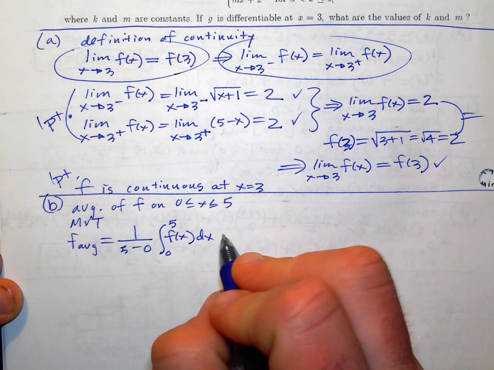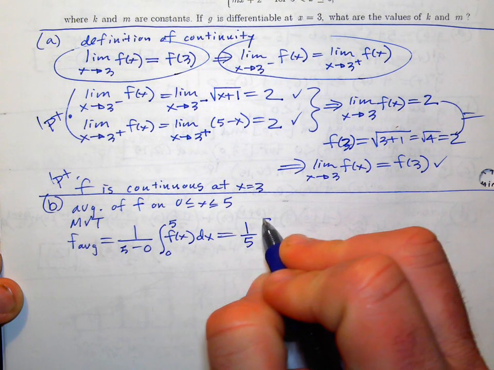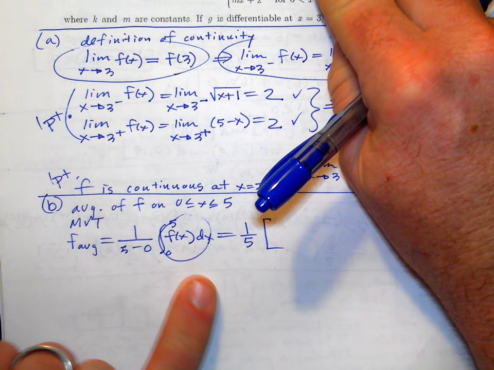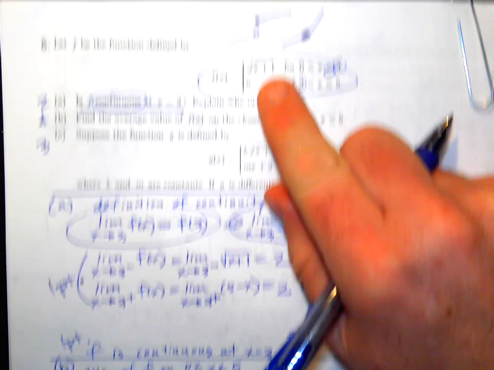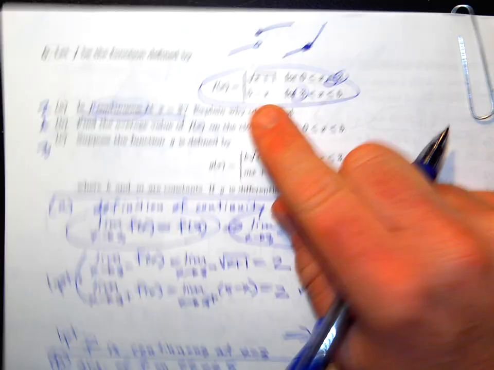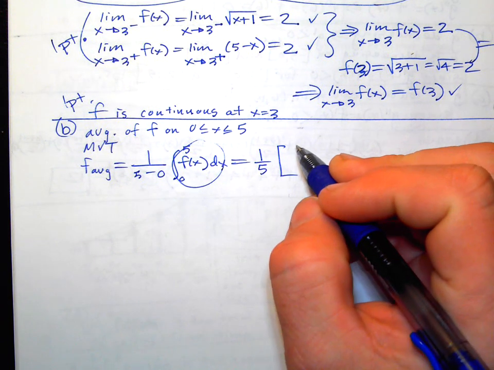So that's our general setup. To accomplish this, we're going to have to break this up because we can't integrate both of these at the same time. We're going to have to do that chunk 0 to 3 with that one, and then 3 to 5 with that one. It's all going to give us one area. And we've done this on recent tests.